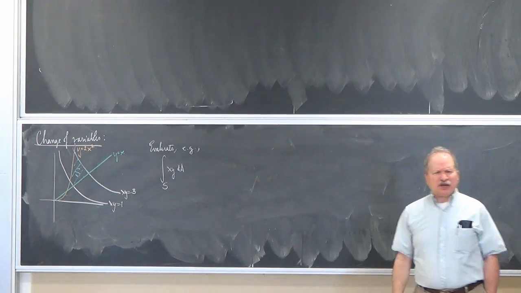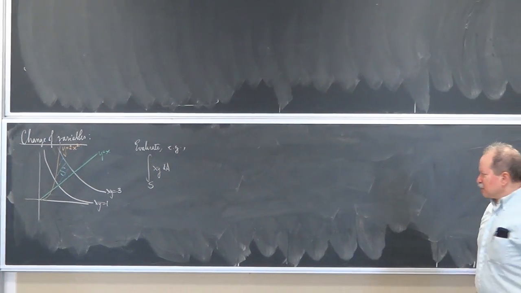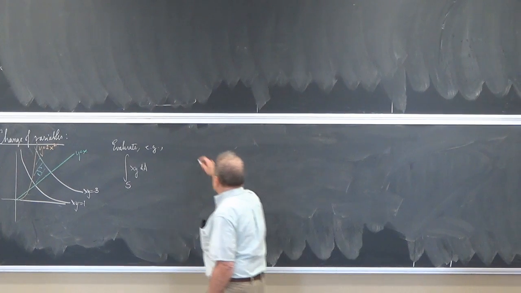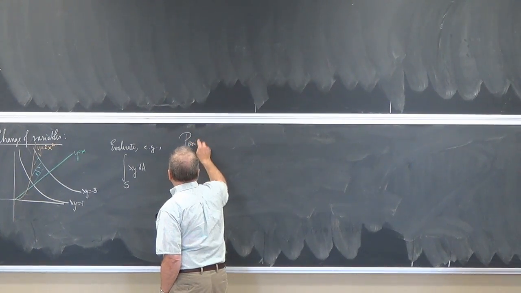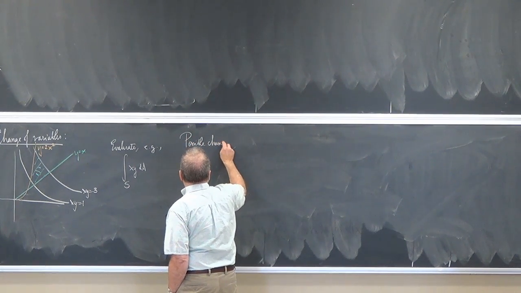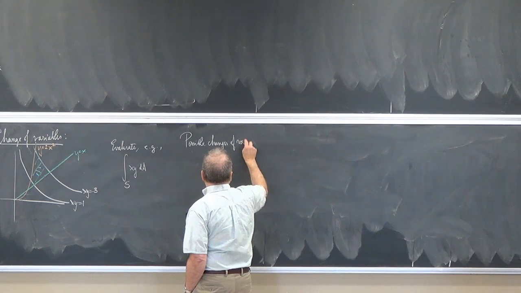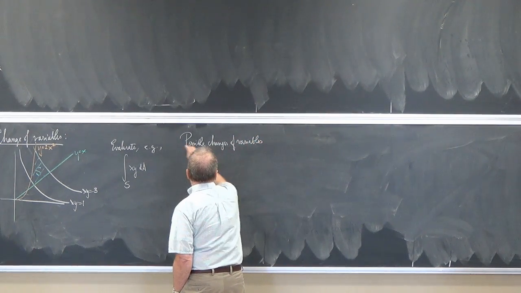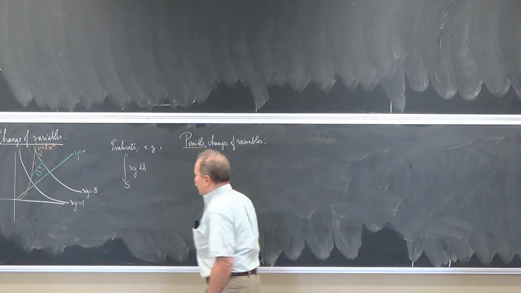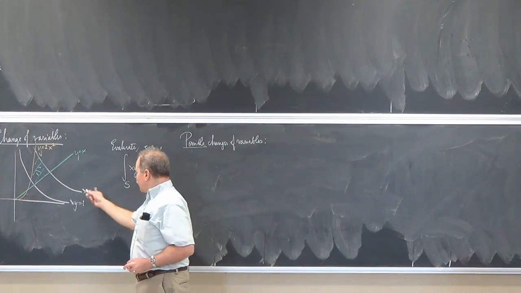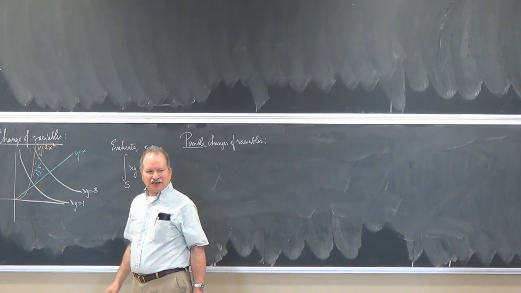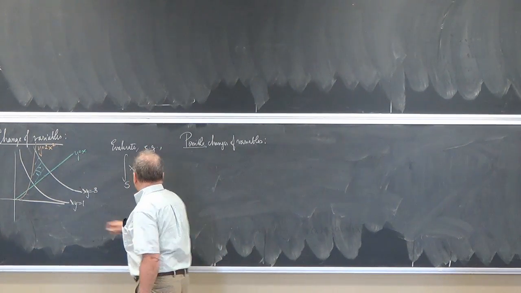So you guys had nominated some different possible changes of variables for us to look at. For example, I think we all agreed that putting u equals xy would be a good idea to make these curves look simpler.